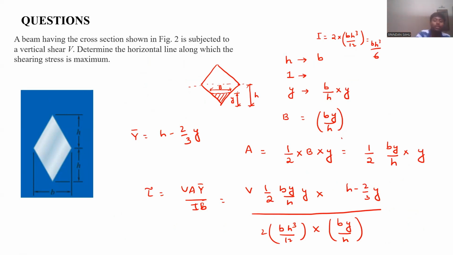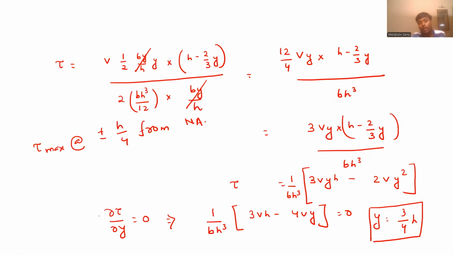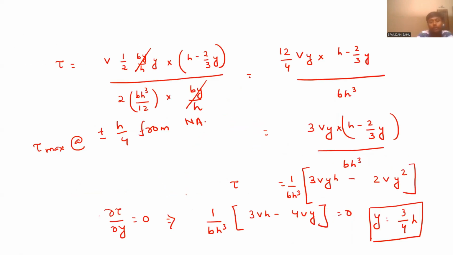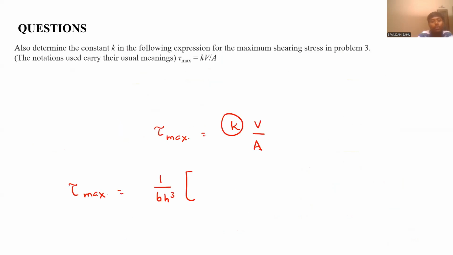So when you substitute this y equal to plus minus h by 4 in this equation of tau as a function of y, you will get the maximum shear stress. So this is the fourth question they are asking: tau max equal to k times V by A. So what is the k value they are asking? And you have the equation as tau is 1 upon bh cube times 3Vyh minus 2Vy square.